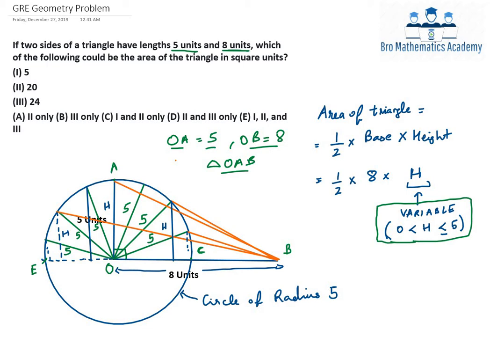Now to answer the question, let's fix the base to be 8 units. The area of any triangle is half into base into height, right? This formula is always true. Whatever the shape of the triangle, it can be like this, or something like this, but this formula is always true.